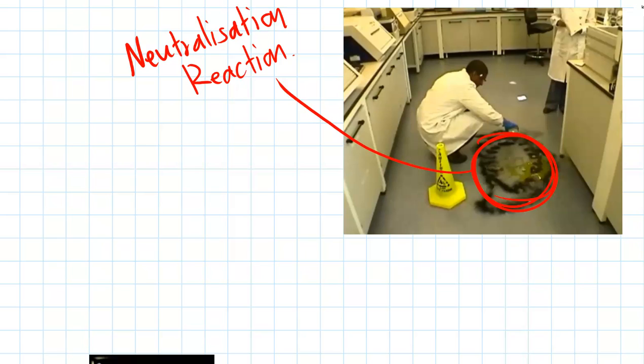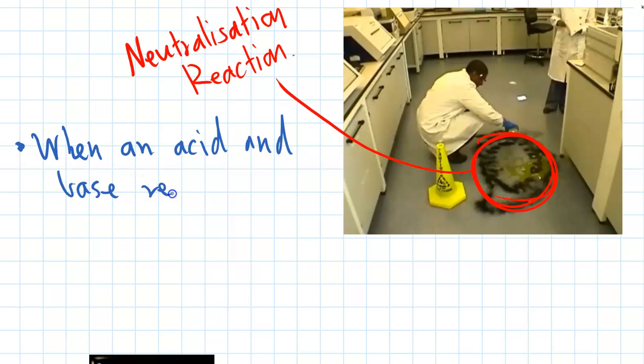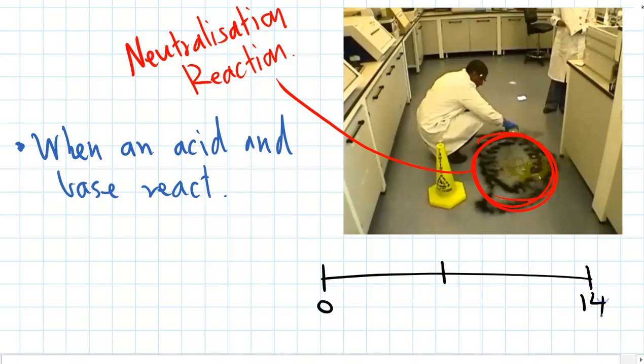neutralization reactions. So these are simply when an acid reacts with a base. So remember that we have our pH scale, which ranges from 0 to 14, and acids are anywhere between 0 and 7.